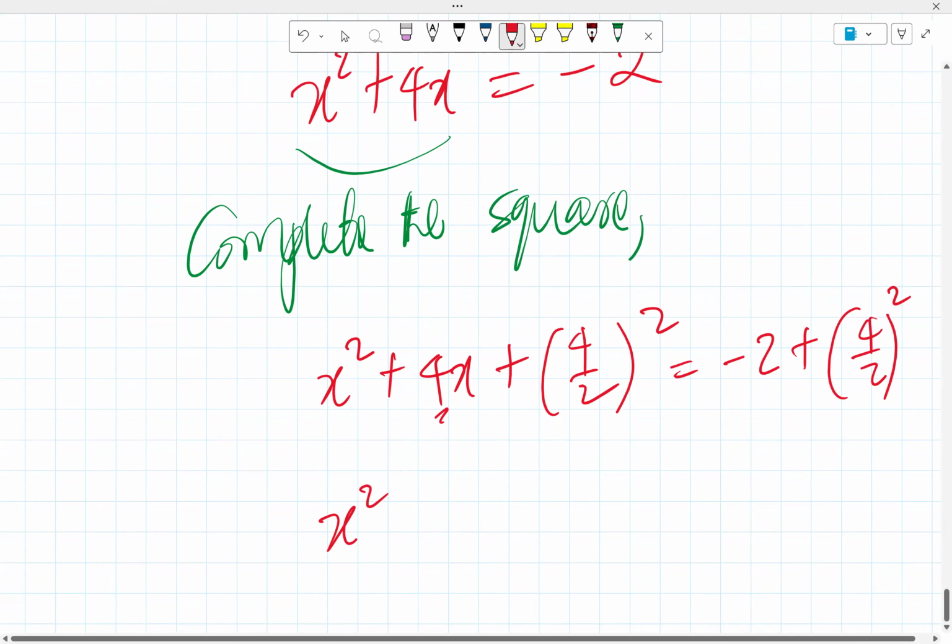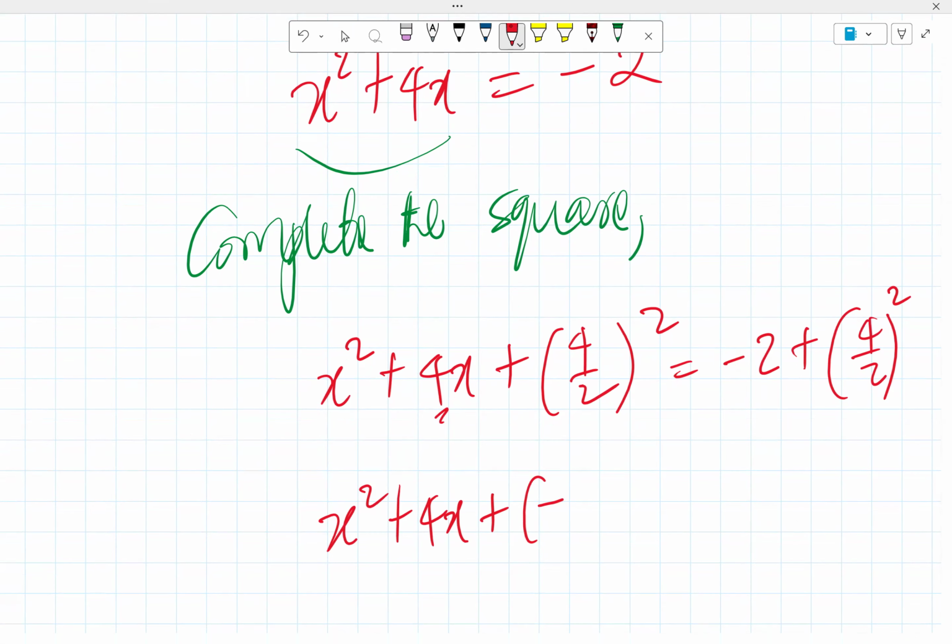Take note that this is x squared plus 4x plus 2, positive 2 here. How I wish this was minus. If it was minus, I would have put the minus with it squared. Equals minus 2 plus 2 squared.